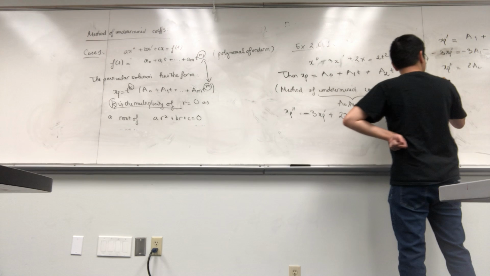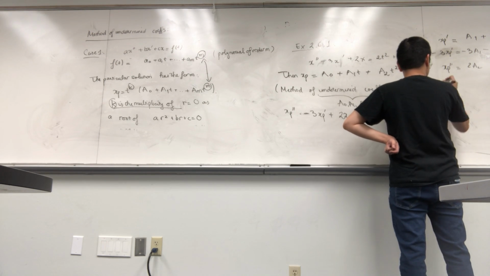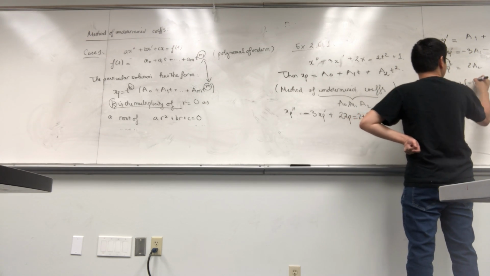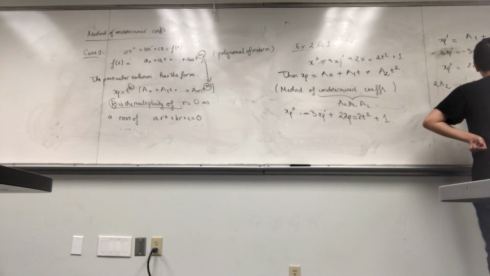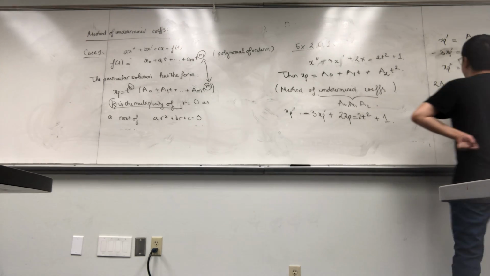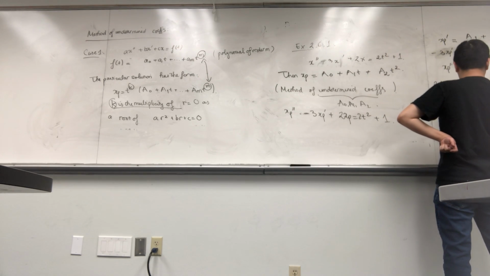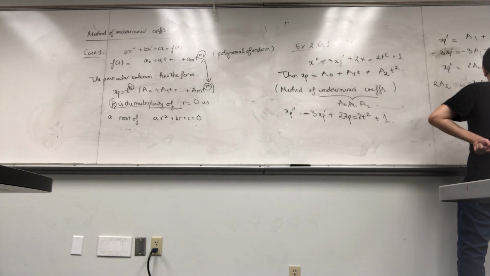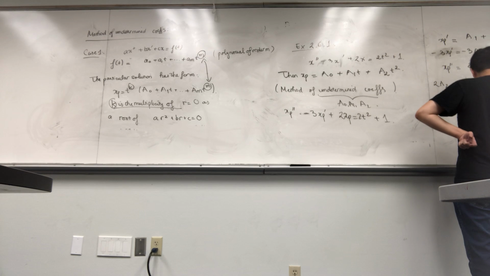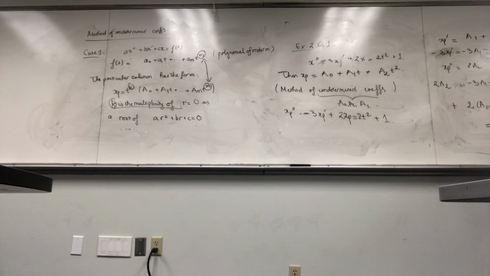So I'm going to have 2a2, plus minus 3a1 minus 6a2t, plus 2 times a0 plus a1t plus a2t squared, and this is equal to 2t squared plus 1. This is xp second, this is minus 3xp prime, and this is 2xp.